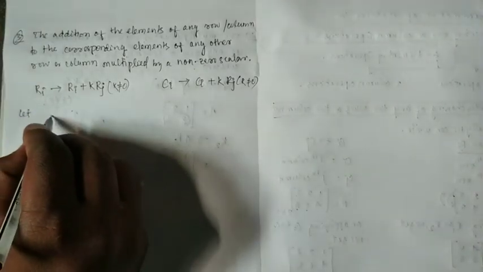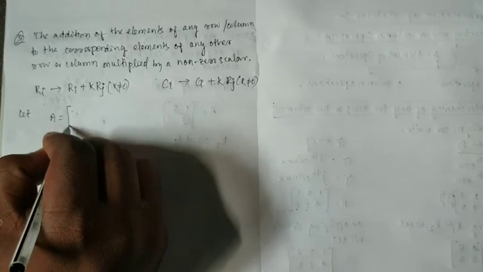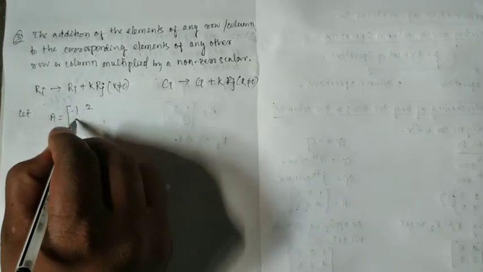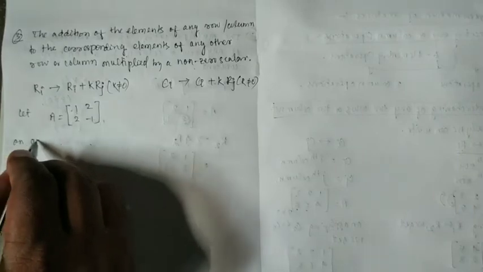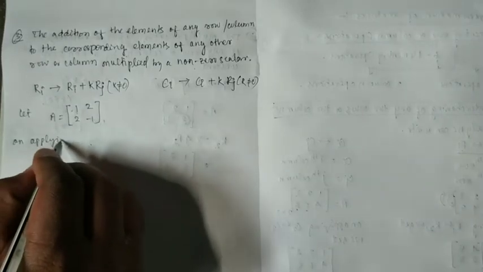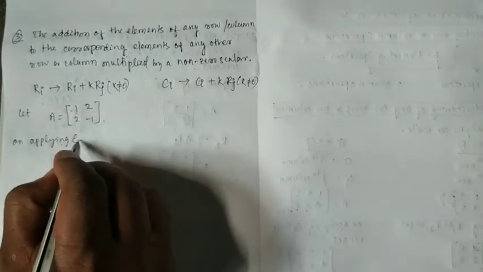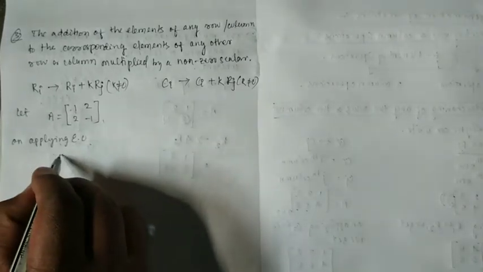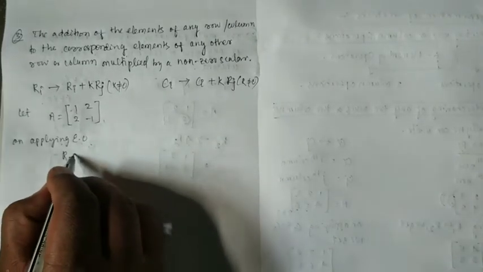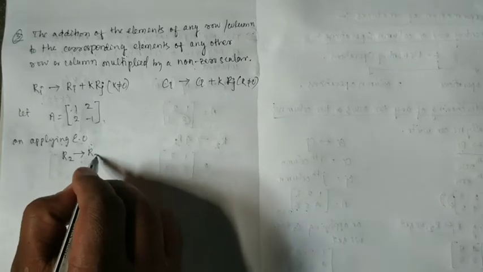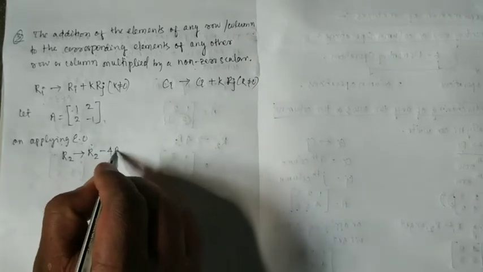Let's see an example here. Let A be a matrix 1 2 2 minus 1. On applying the elementary operation, R2 replaced by R2 minus 4 R1.